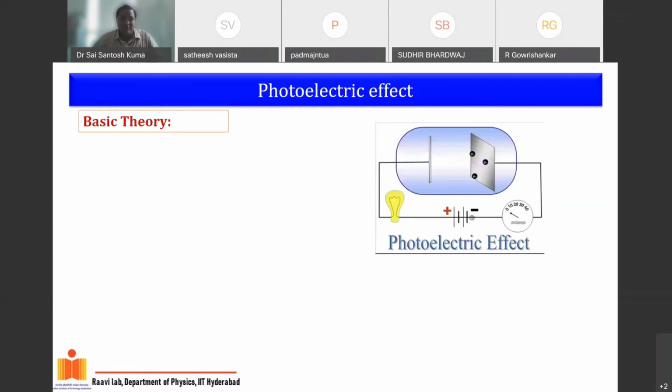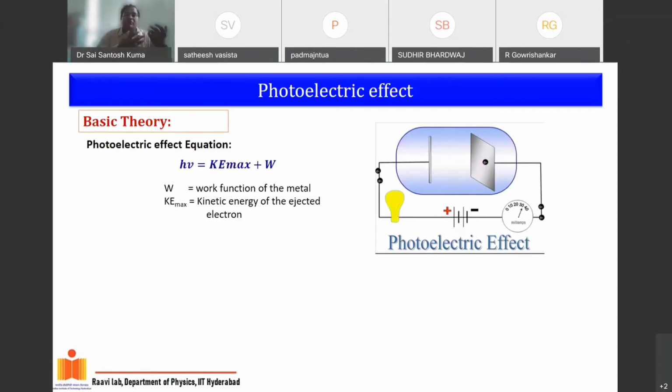This is what the photoelectric effect is. We know light is incident on a metal plate, and if the light is above the required threshold, then you have photoelectrons coming out.